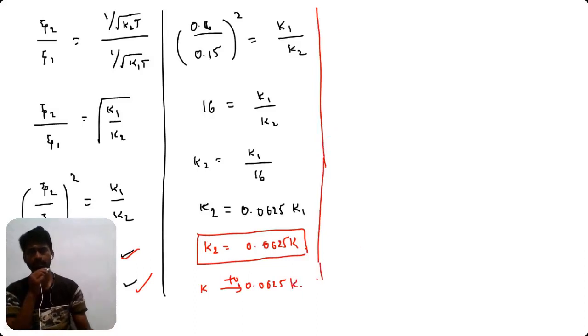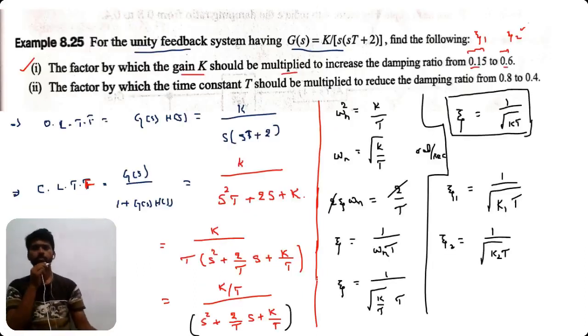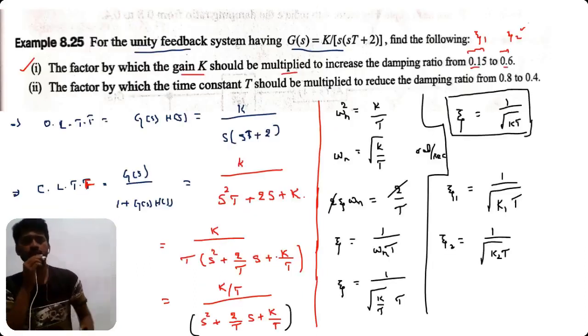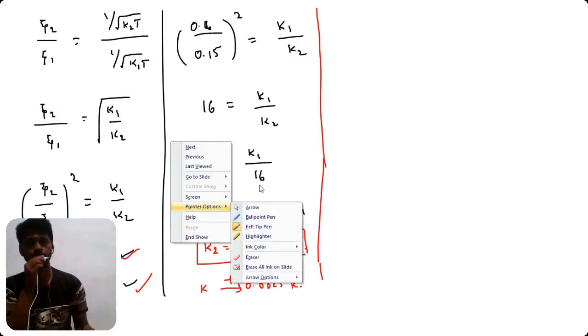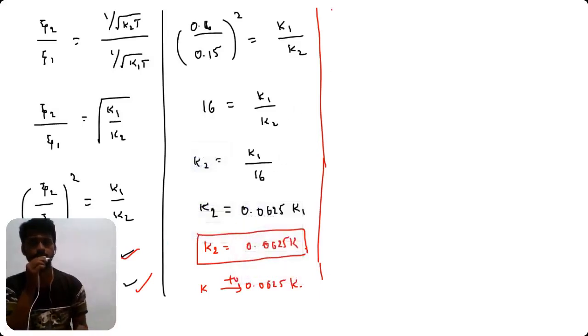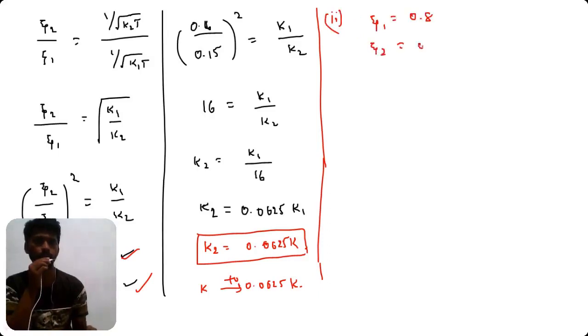Then what is the second question? The factor by which the time constant T should be multiplied to reduce the damping ratio from 0.8 to 0.4. Here the damping ratio is reduced: zeta 1 value is 0.8, zeta 2 value is 0.4.